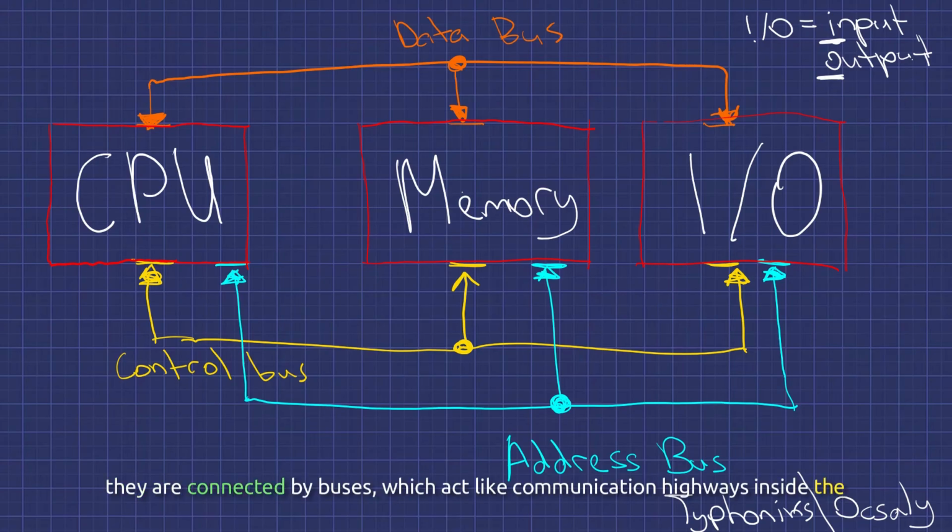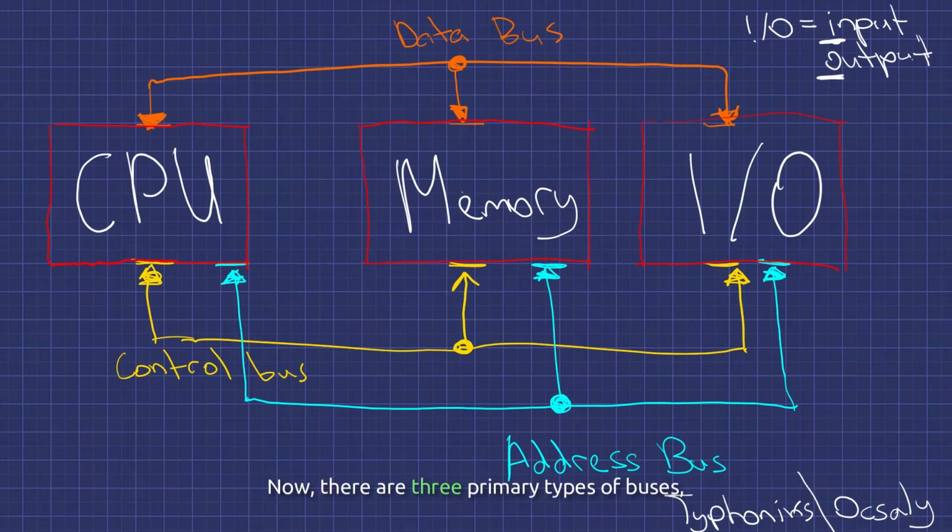And these subsystems don't work in isolation. They are connected by buses, which act like communication highways inside the computer. There are three primary types of buses, which you will learn as an introduction to computer organization. The data bus, which you can see on the top of the diagram, moves actual data between the CPU, memory, and input-output.